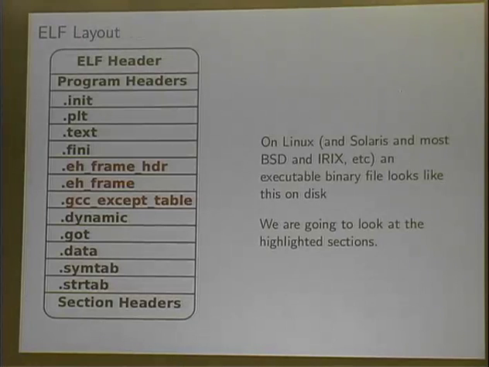ELF you expect to find in your binaries, object files, shared object libraries, and core dumps. It has many sections, as many as 30 these days in a modern executable. But we're going to look at three very specific ones: the EH frame, the EH frame header, and the GCC except table.